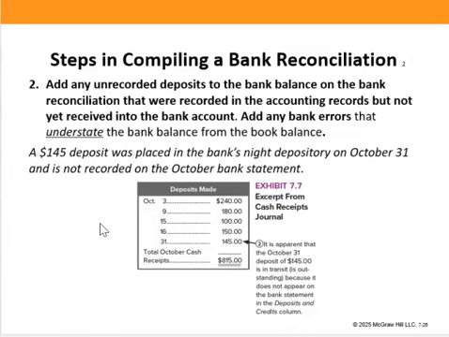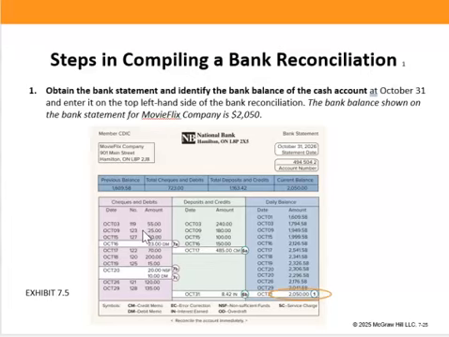Here we can see that a $145 deposit was placed in the bank's night deposit on October 31st and is not recorded on the October bank statement as of yet. So this is what we went through ours, but it's not in our bank yet.